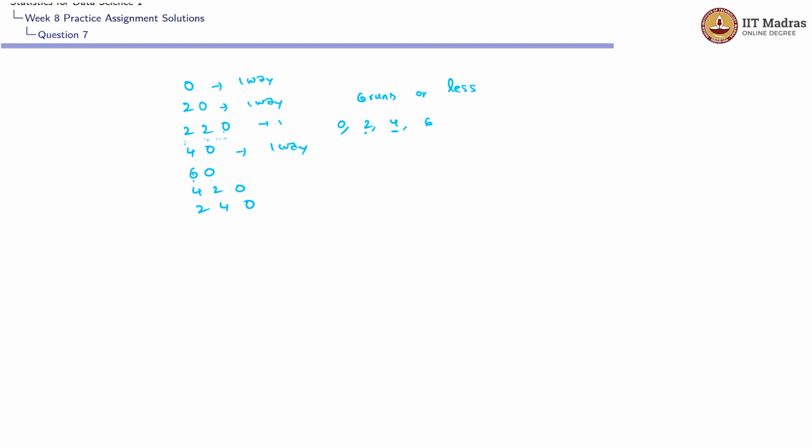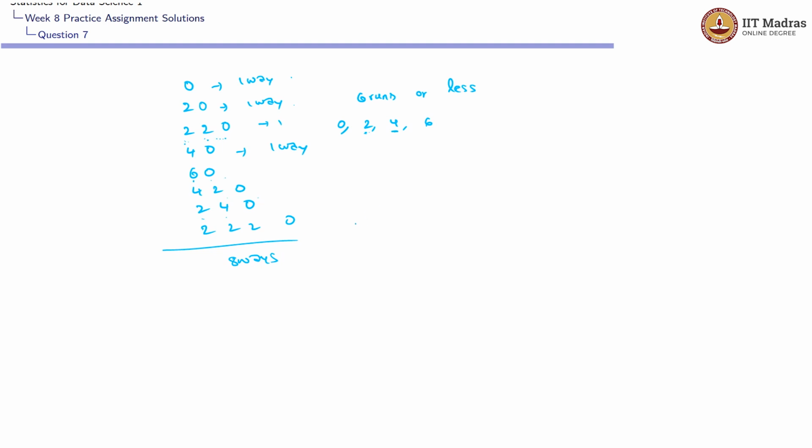If it is 2-2-2-0, then it will be 6 runs. So for him to get 6 runs, it would be 6-0, 4-2-0, 2-4-0 or 2-2-2-0. So the total possible ways are 1 plus 1 plus and so on. It would be 8 ways. So totally we have 8 ways of getting 6 runs or less.